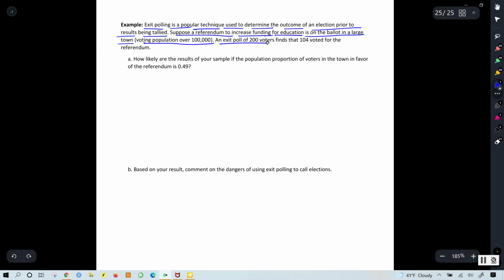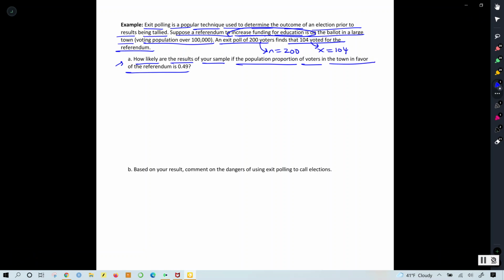An exit poll of 200 voters, so this is your sample size, finds that X equals 104 voted for the referendum to increase funding for education. Question A: how likely are the results of your sample if the population proportion of voters in the town in favor of the referendum is 0.49?